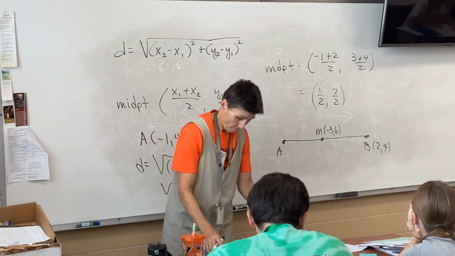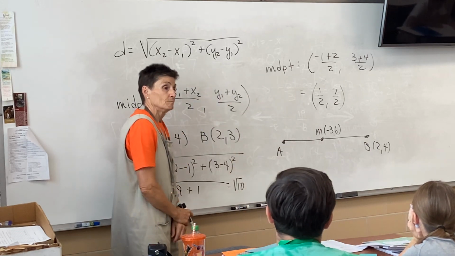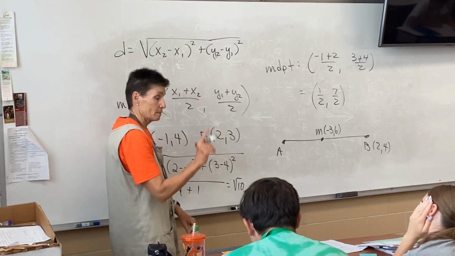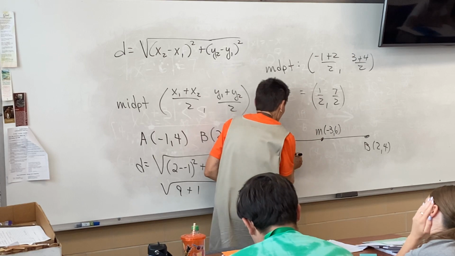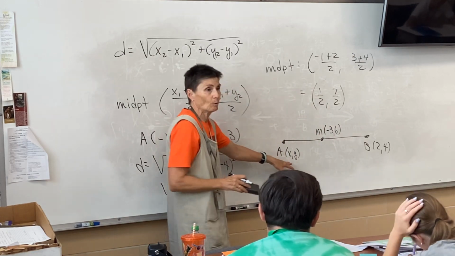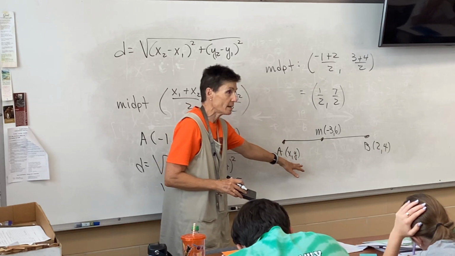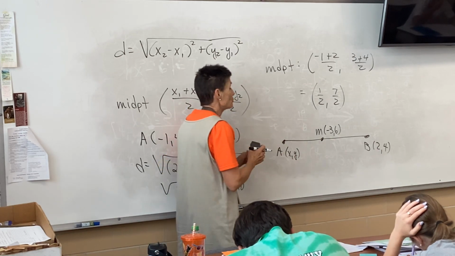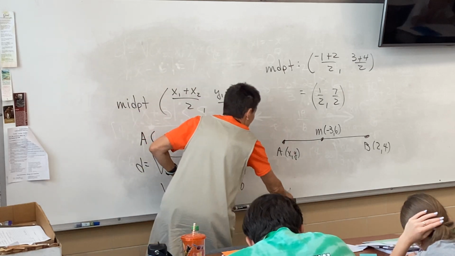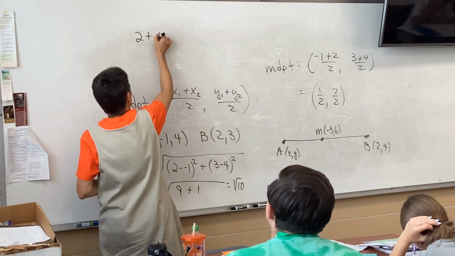Raina? 2 plus x divided by 2, and then... So Raina, thank you, Raina. Stop right there for a second. Raina says, I don't know what point A is. I'll call it x, comma, y. And then I'm just going to use my midpoint formula. So 2 plus x over 2.